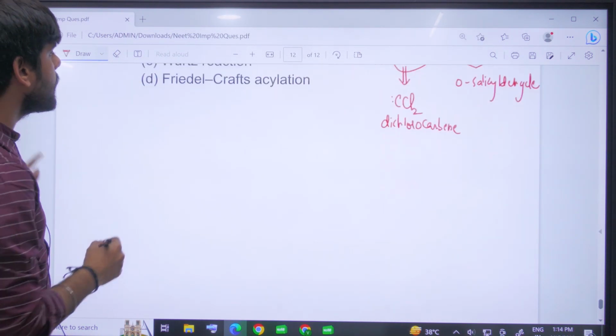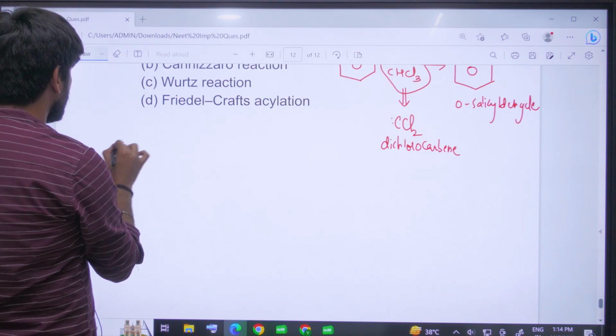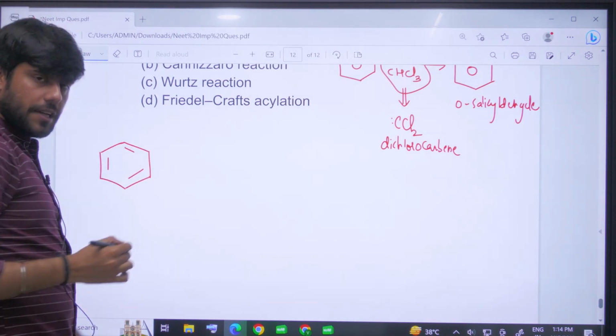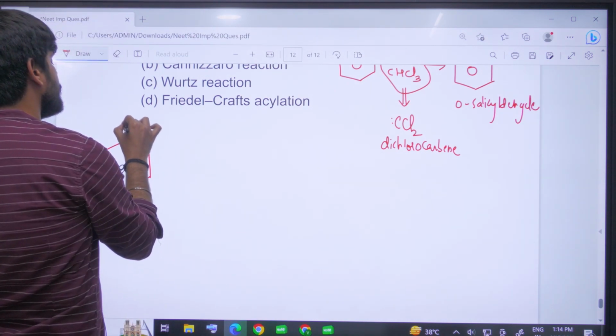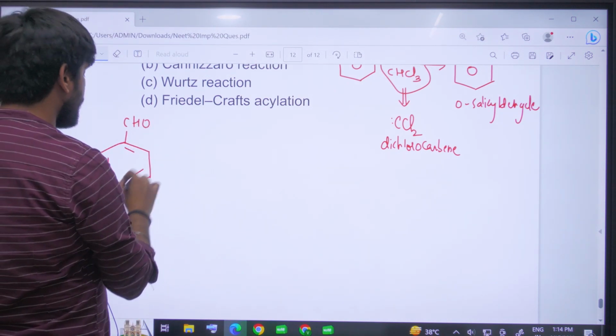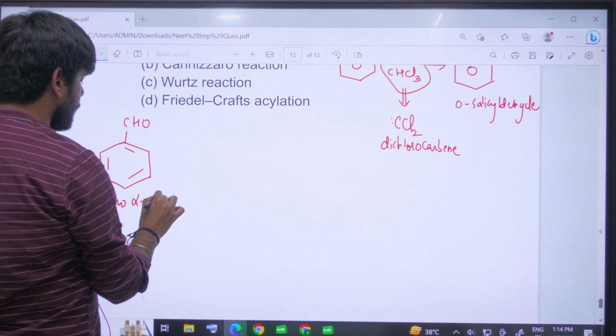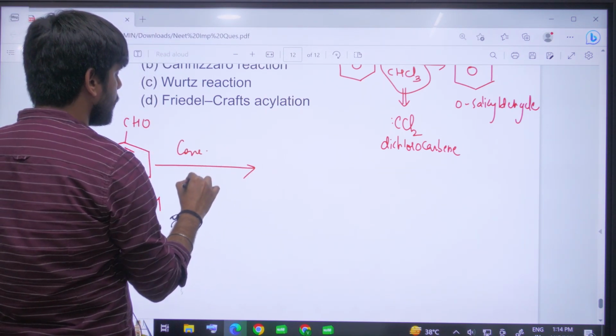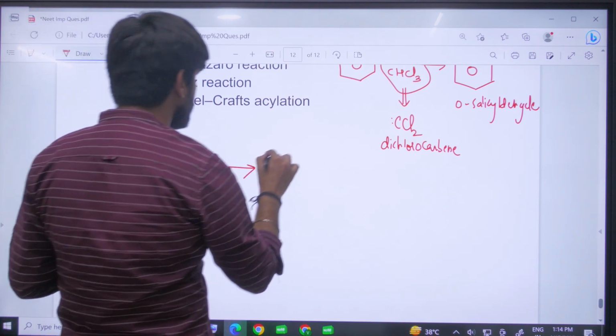Let us discuss the next, Cannizzaro's reaction. It is the disproportionation reaction where I have, say, benzaldehyde, which has no alpha H present. So this will undergo Cannizzaro's reaction in the presence of a strong base, say concentrated KOH.